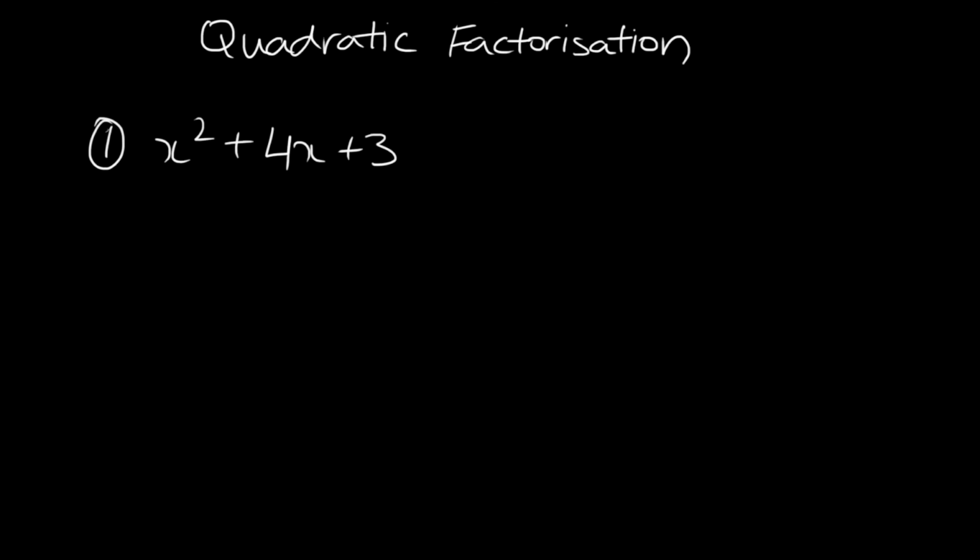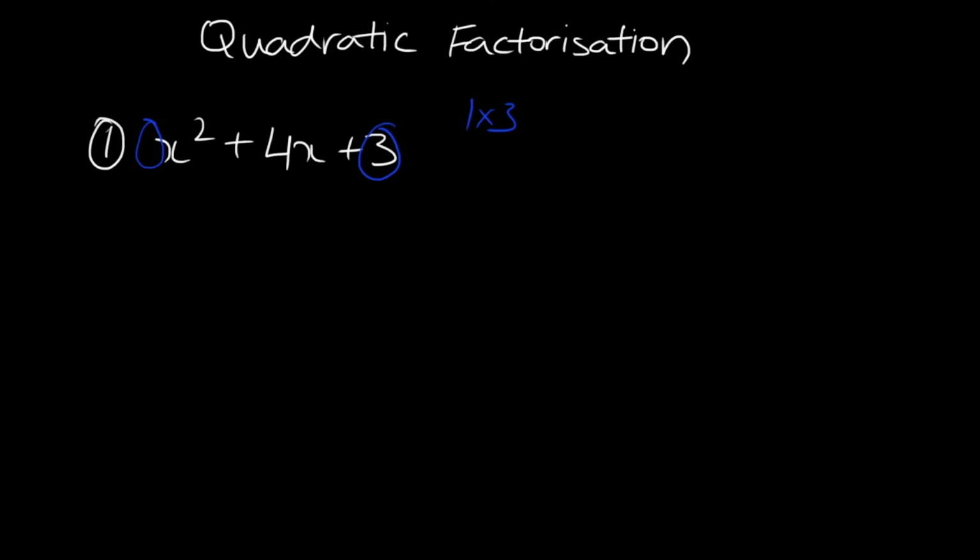So what I do is I firstly multiply the coefficient of the x squared term with the constant term. So in this case, it would be 1 times 3. And you don't have to worry about any of the signs. In this example, they're all positive, but for future examples, we don't have to worry about any of the signs.